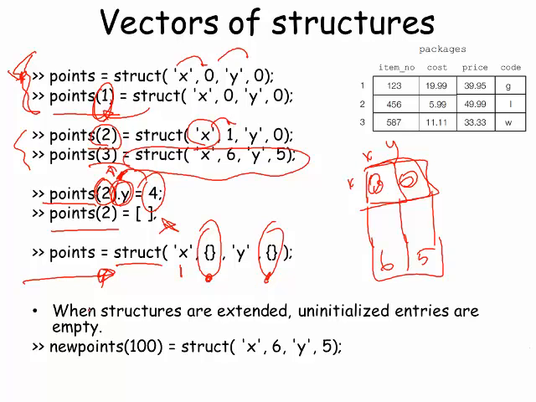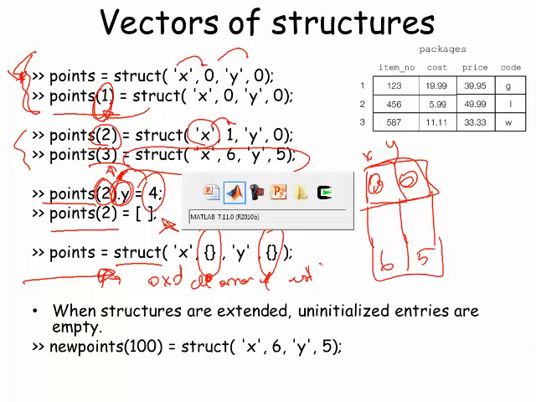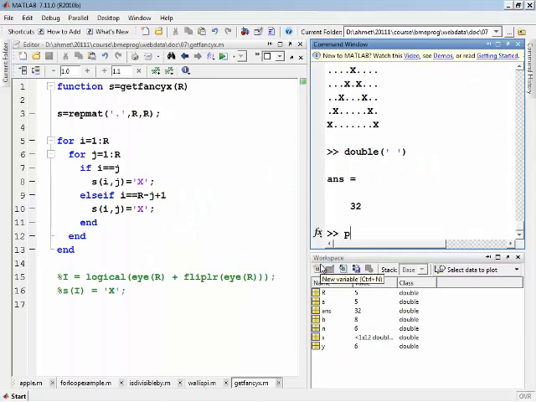I am not really creating a single structure with a cell array in that field. I'm creating an empty cell array. So the result of this will be a 0 by 0 struct array with fields x and y. So let's copy and paste that into MATLAB.